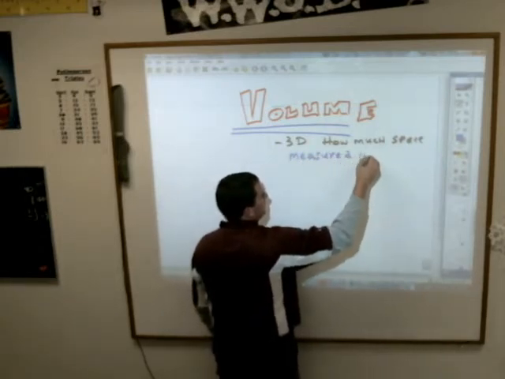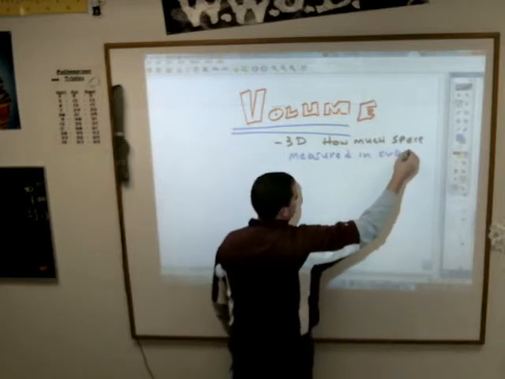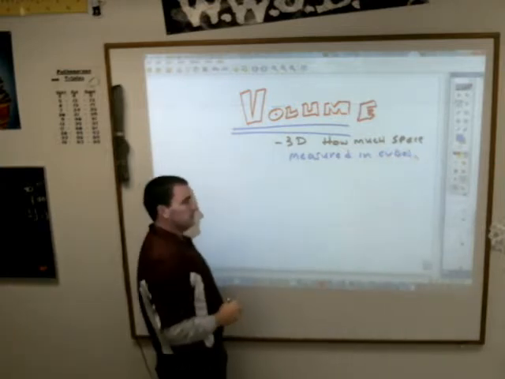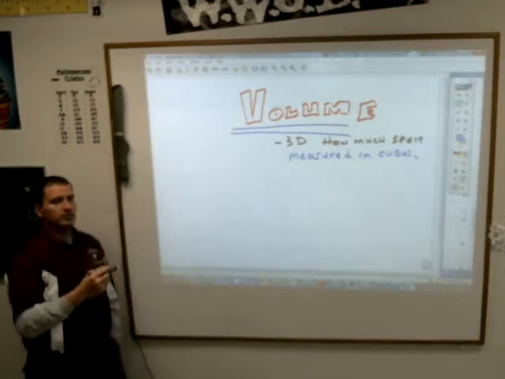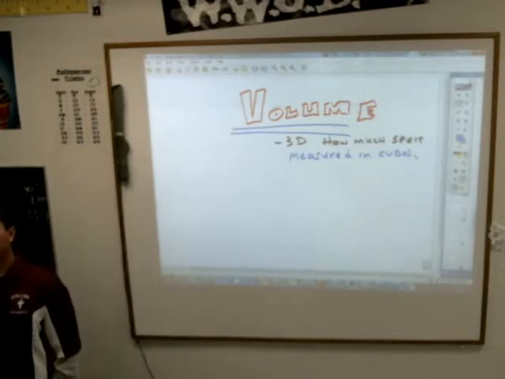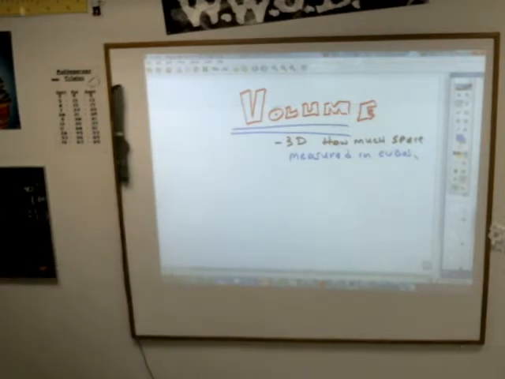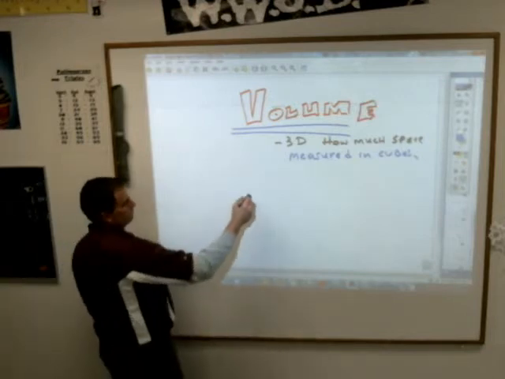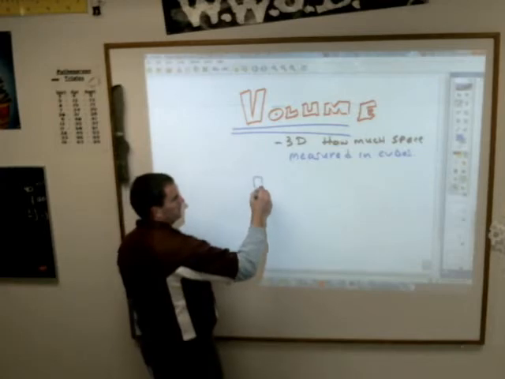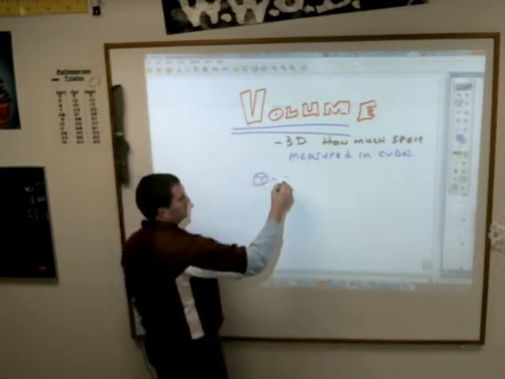Measured in cubes. And again, one must realize that volume is always relative to the size of the cubes that you're using. For example, a cubic inch is not a really big sort of thing. That's about 1 inch cubed.